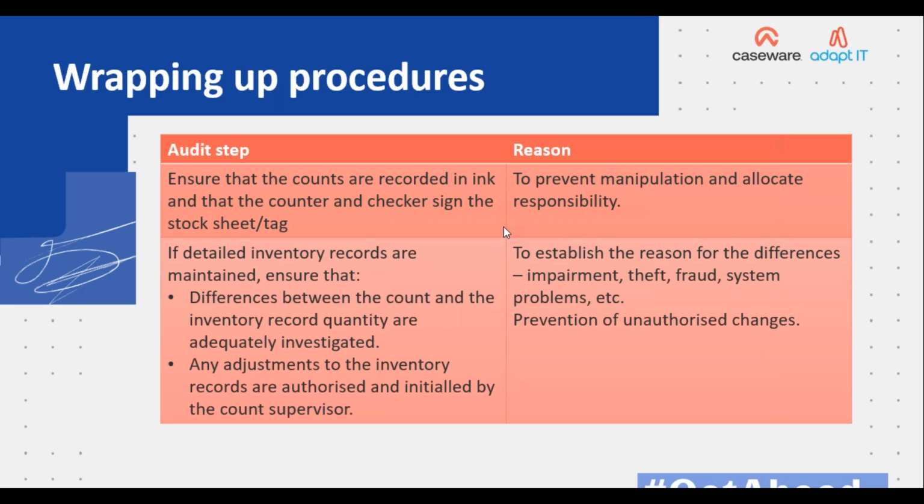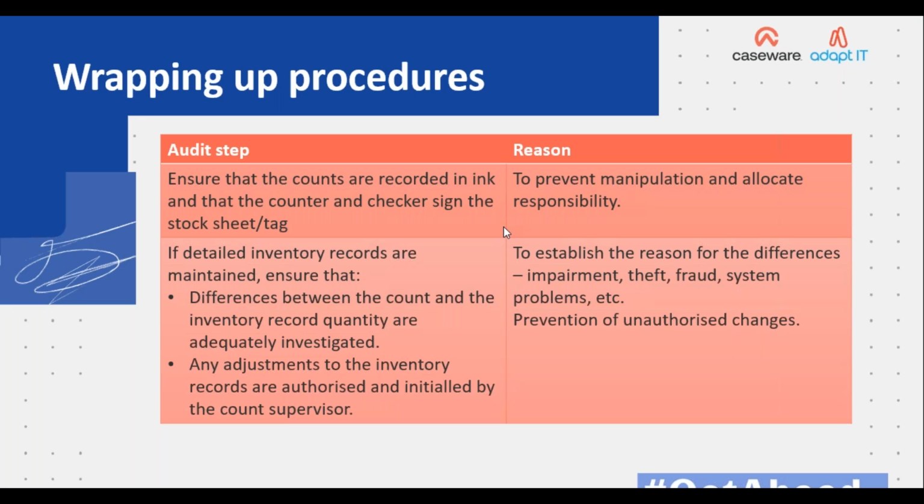The reason being, this is to have records of the reason for differences. It can be because of impairment, theft, fraud, system problems, and also, of course, for the prevention of unauthorized changes. Now, I want to delve a little bit more into that part.